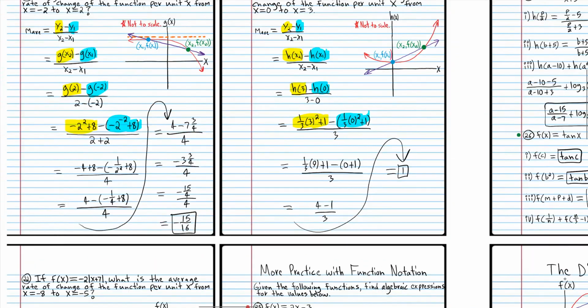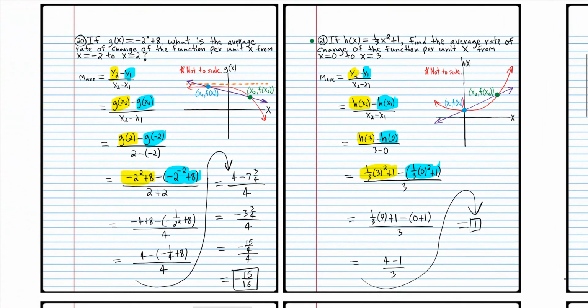So the average rate of change of the function in this particular interval here is 1. So y is changing by 1 for every 1 x unit. So if you got that right, good.